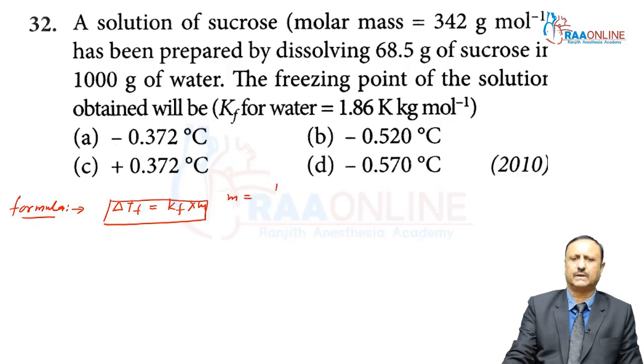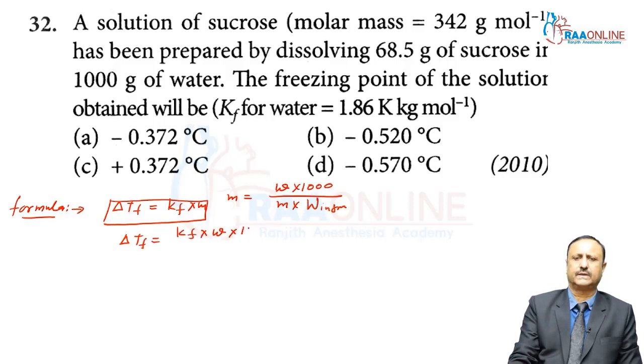Molality is given by small w into 1000 upon small m, the molecular mass of the solute, into capital W, the weight of the solvent, and that is in gram, because 1000 is placed above. So, you can put the values in this formula, delta Tf equals Kf multiplied by small w into 1000 upon small m into capital W.